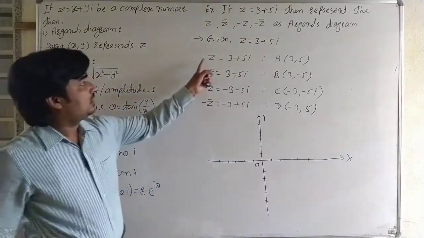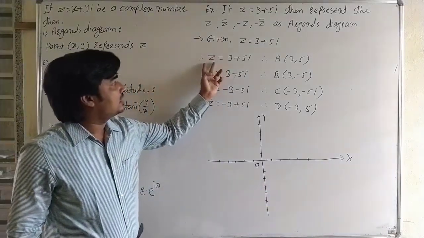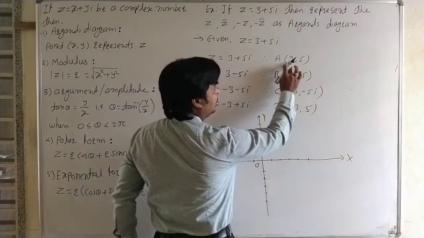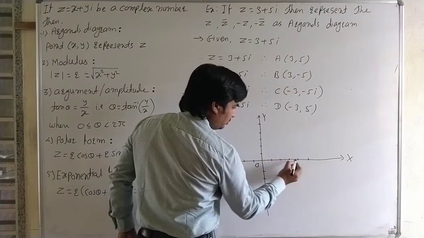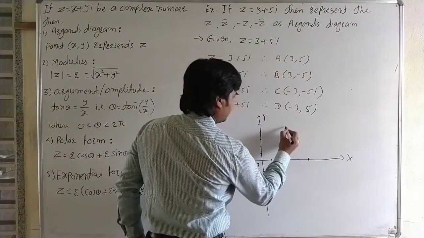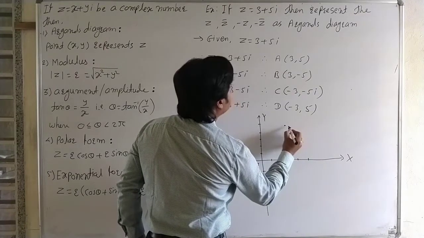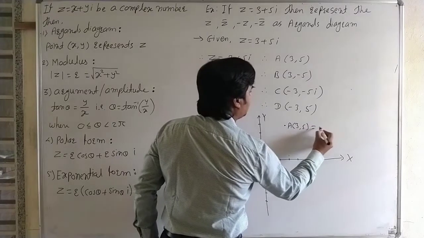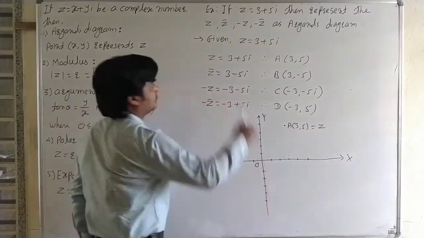Now the first complex number, z is equal to 3 plus 5i, as a point is 3 comma 5. This point A, 3 comma 5, represents the complex number z.